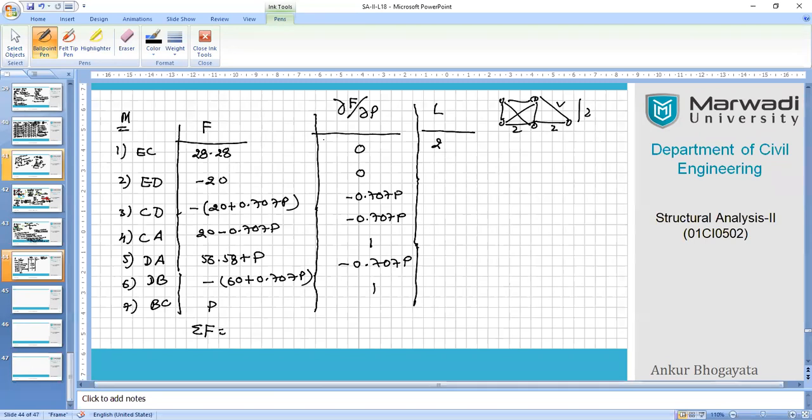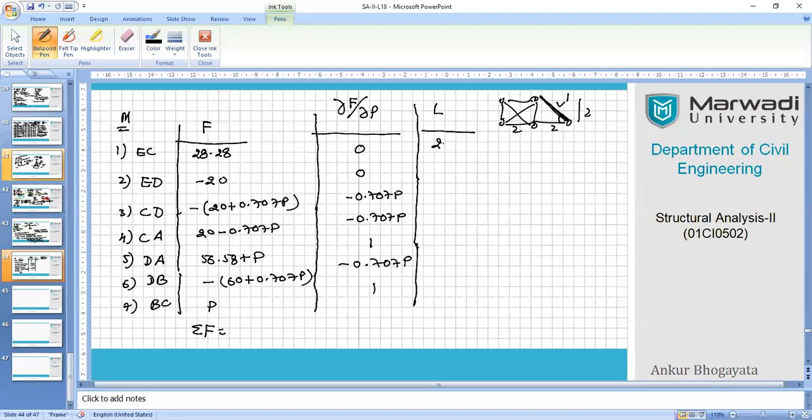Okay. Like EC, we have 45 degrees. So what is the length of EC again? Here you have 45 degrees. So what is this inclined length? That's what I'm asking, what is EC? It cannot be 2 meters. It will be 2 roots, sir.